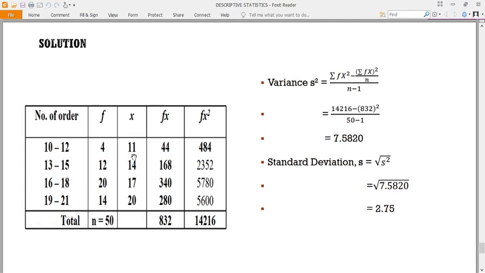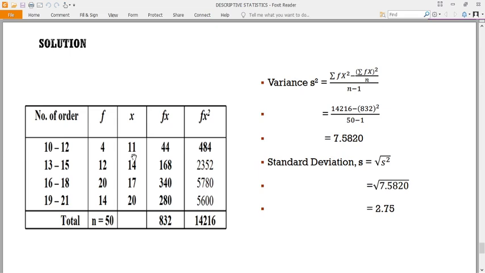For example, the first one is going to be 11 squared, which is 121, then times f, which is 4, giving us 484.